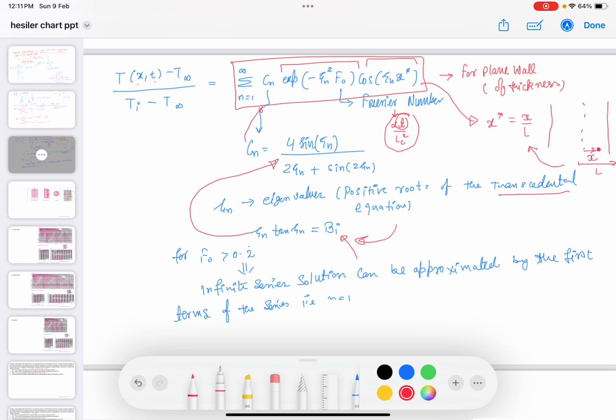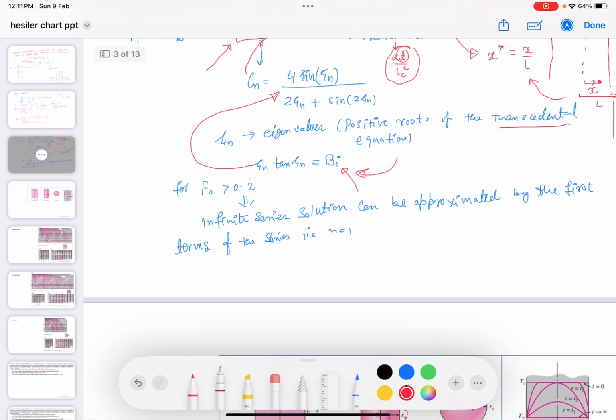So this is the infinite series solution, but it is observed in the literature that if the Fourier number is greater than 0.2, the infinite series solution can be approximated by only a single term.